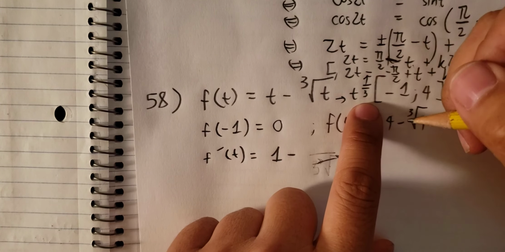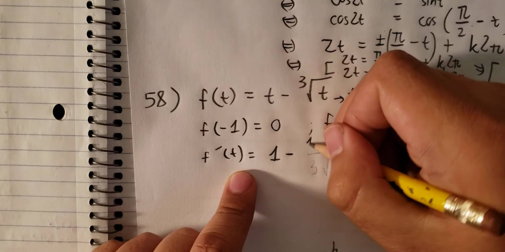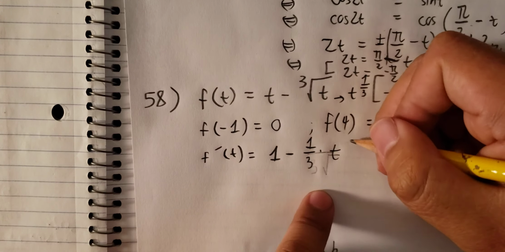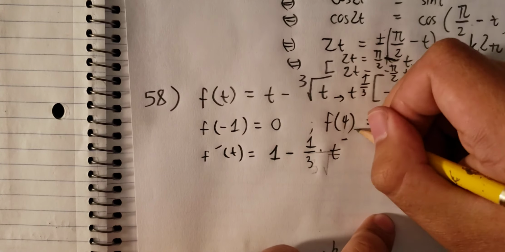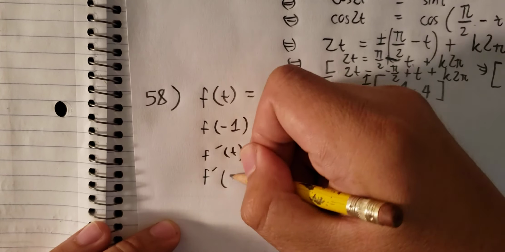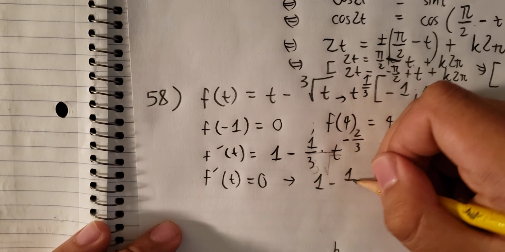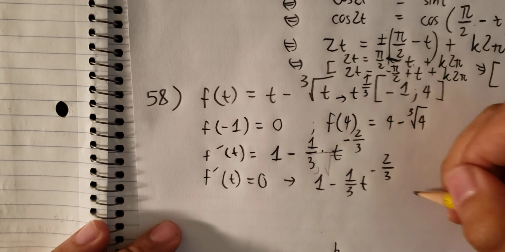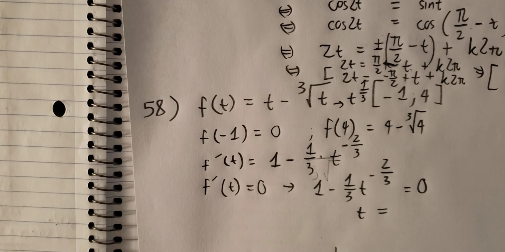If we take the first derivative, we get 1 over 3 times t to the power 1 over 3 minus 1, which is minus 2 over 3. So we set the derivative equal to 0, so 1 minus 1 over 3 multiplied with t to the power minus 2 over 3 equals 0. And you calculate t here.